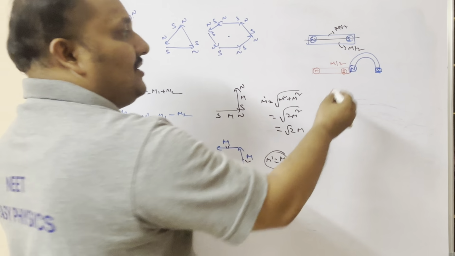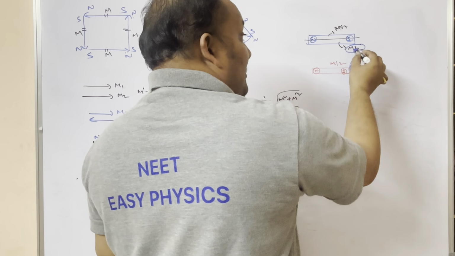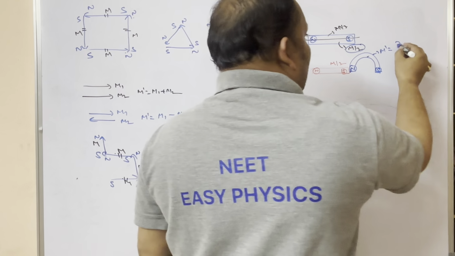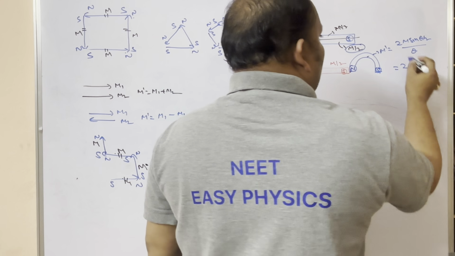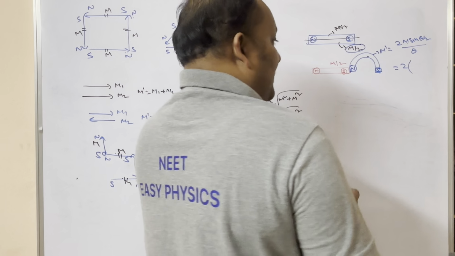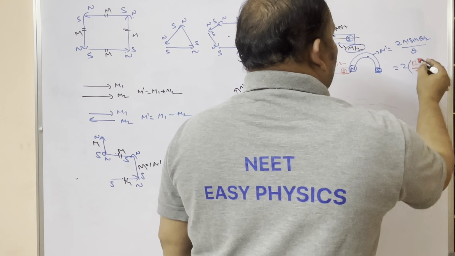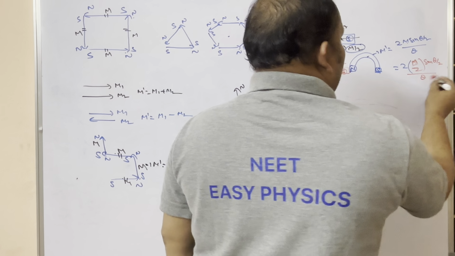What is the magnetic moment of the semicircular arc shape? One of the magnets is bent. Now how much magnetic moment does m by 2 become? M dash equals, what is our formula, 2m sin theta by 2 by theta. What is m here? M by 2. Correct? So m by 2 sin theta by 2 by theta.